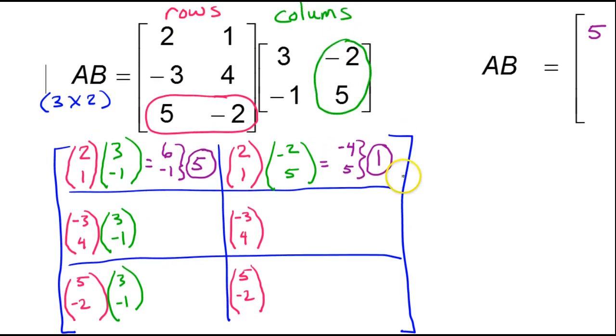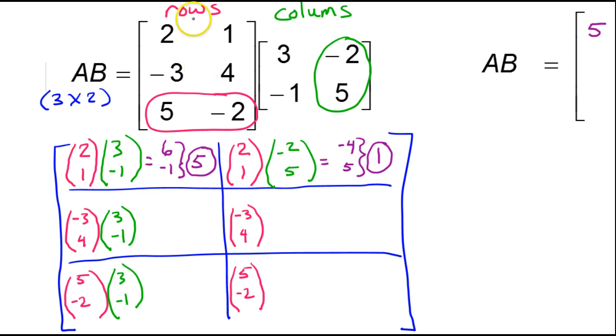All right, so all you have to really worry about is that the rows will come from the first matrix and the columns will come from the second matrix. Once you have that, then if you're in the second column, you just record the second column. If you're in the first row, then you record the first row. So anyway, the second column is negative 2 and 5.